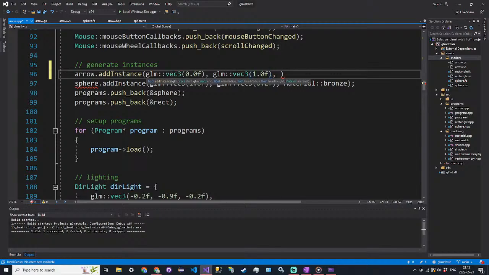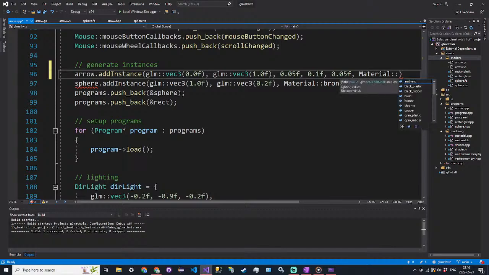Arm radius, this is in world value, so it's not a proportion, it's just a raw unit value. So arm radius we'll say is 0.05f. Head radius, we'll make it a little bit bigger, 0.1. Head height, we'll make it 0.05. And the material, let's make it chrome. Why not?